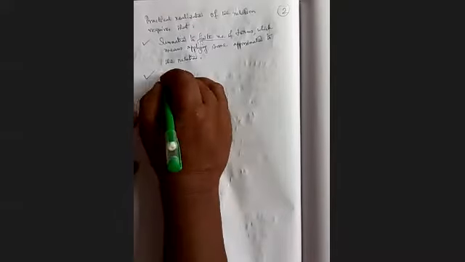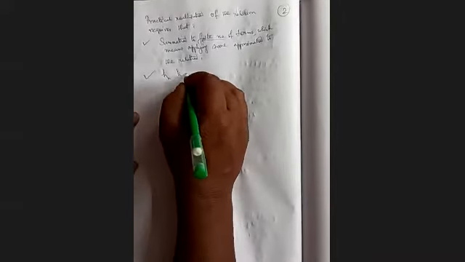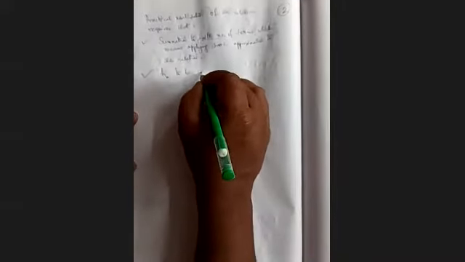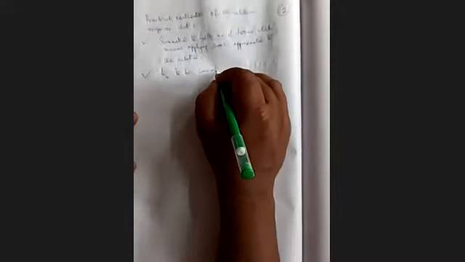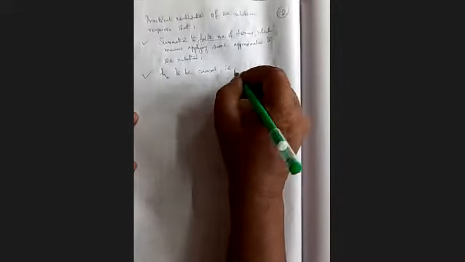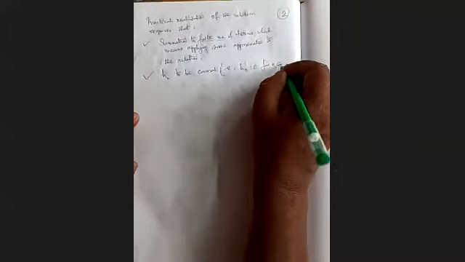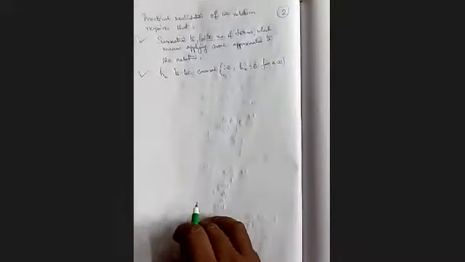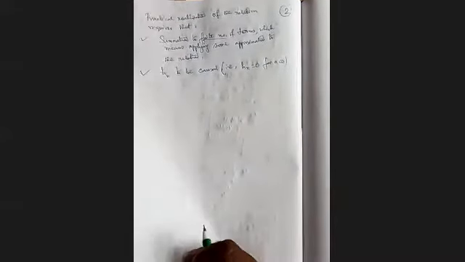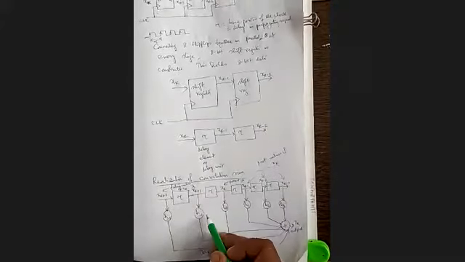Second thing is our h[n] to be causal. That is, our h[n] equals 0 for n less than 0. In the previous case we saw h[-1], h[-2], h[-3].